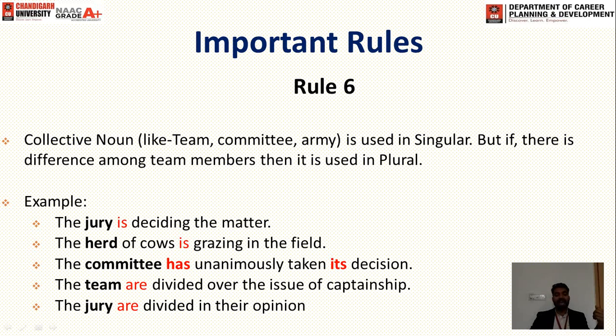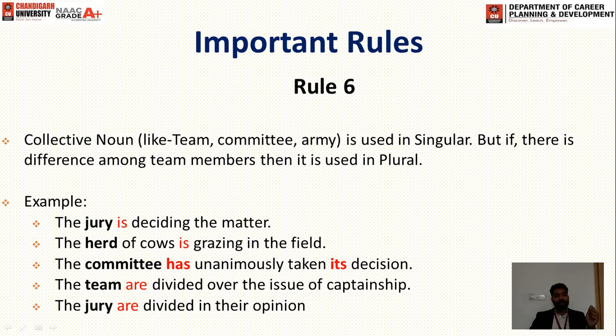The committee has unanimously taken its decision. You need to remember that if you are using a singular noun, then you will be using a singular pronoun as well. Now look at these last two examples. The team are divided. Now they are not one; they have different perspectives and different thoughts.